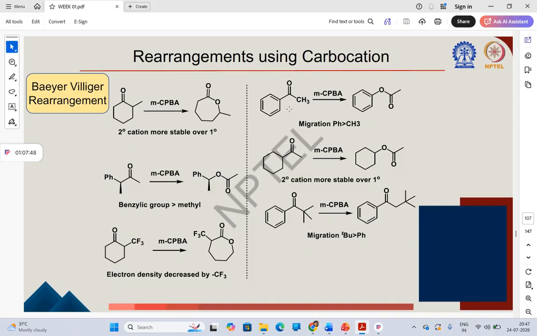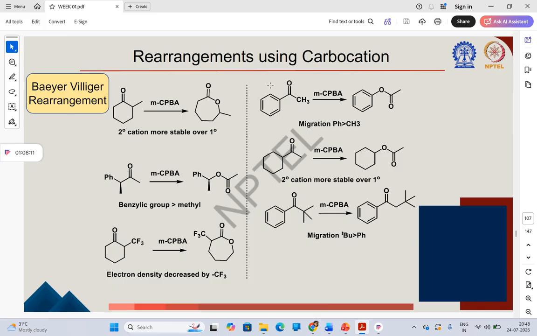The fourth example is here. So here, in between the methyl and phenyl group, phenyl has a good migratory aptitude, the phenyl group is electron rich, so it will get migrated. So that's why the oxygen atom will come between this carbon and the oxygen atom, because this group is getting migrated. This is a shortcut trick.